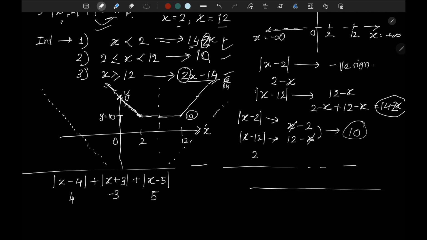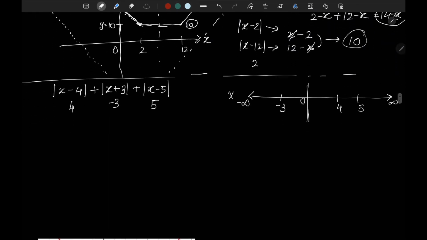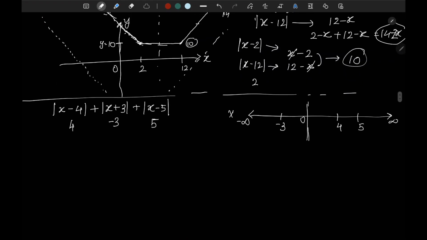Put these on the number line, minus infinity to infinity. This is the number line of x. So minus 3 is here, if 0 is somewhere here, this is your 4 and this is your 5 approximately. Now again we will try to figure out the value of the particular function within these bounds. So what are the intervals?